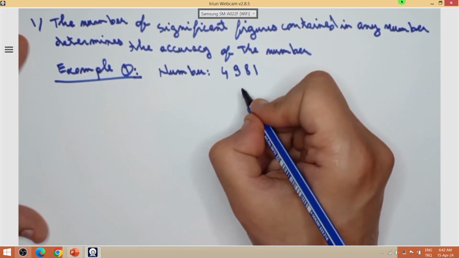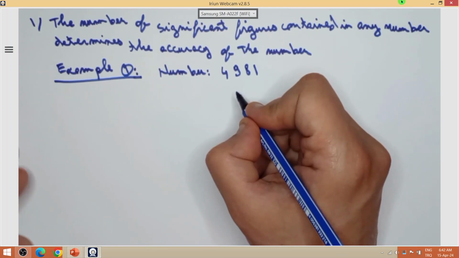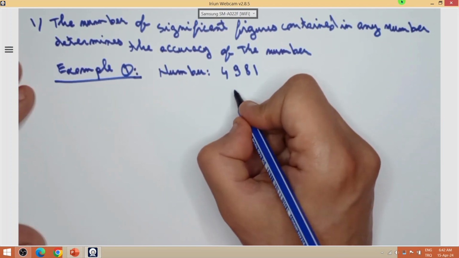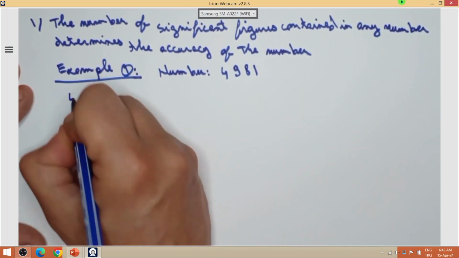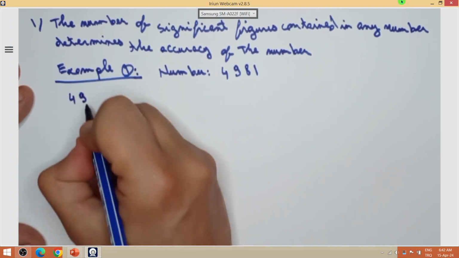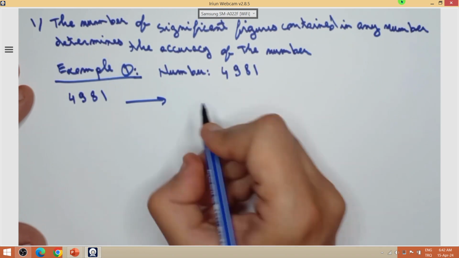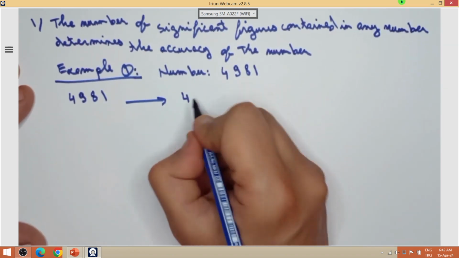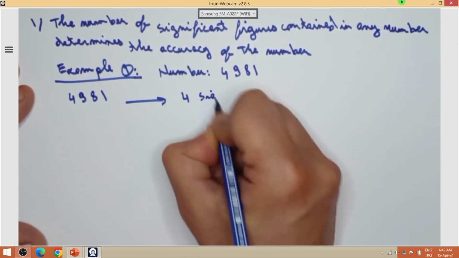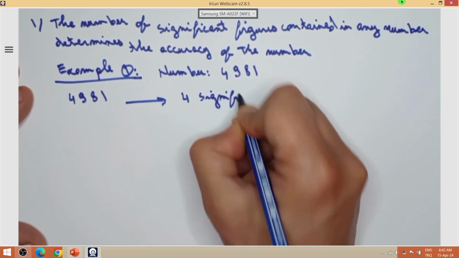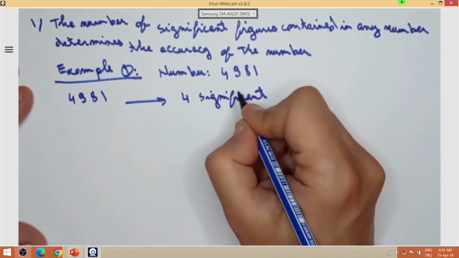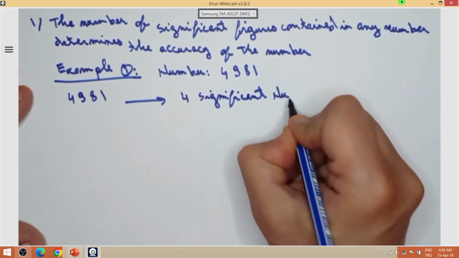So let's see the significant numbers in this number. 4981 has 4 significant numbers.